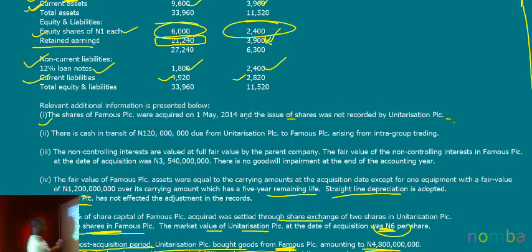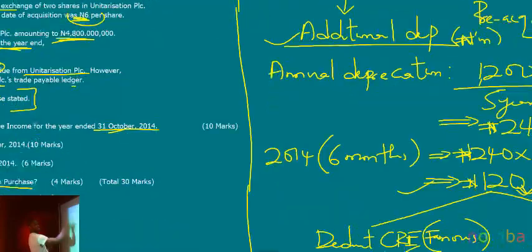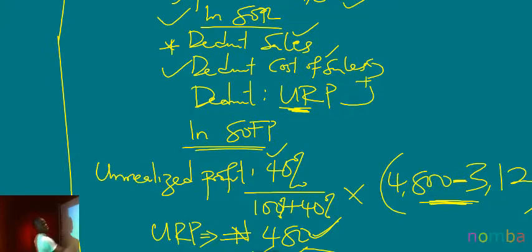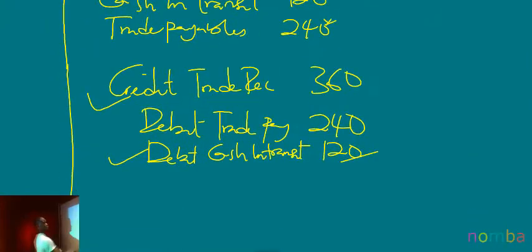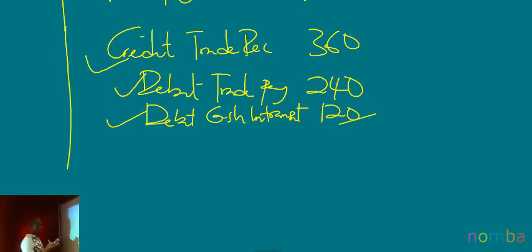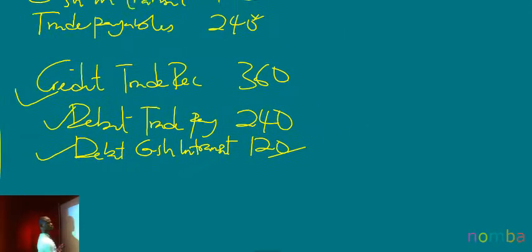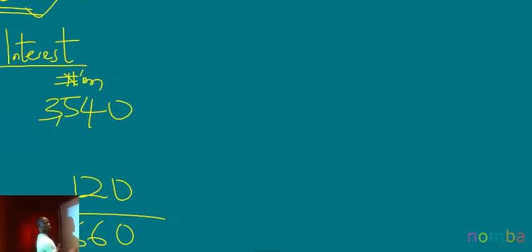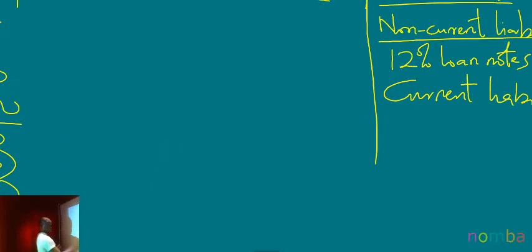The addition of the two gives me 7,740. Now you see this 7,740, I will adjust it for the consolidation adjustment on the intragroup sales, where we said we will eliminate the trade payables through a debit of the trade payables. So we'll deduct 240. So I'll be left with 7,500.